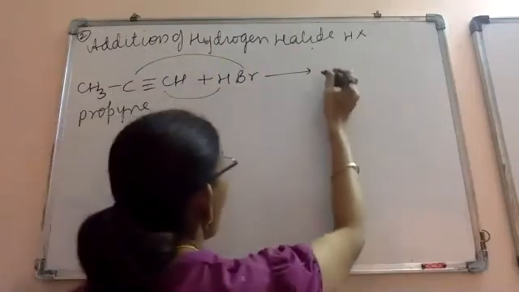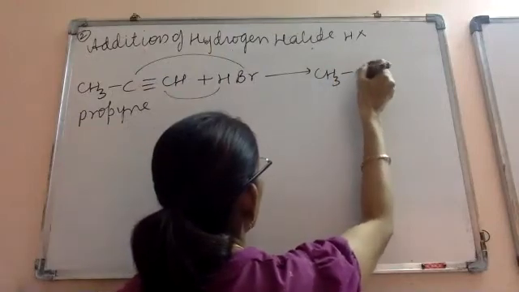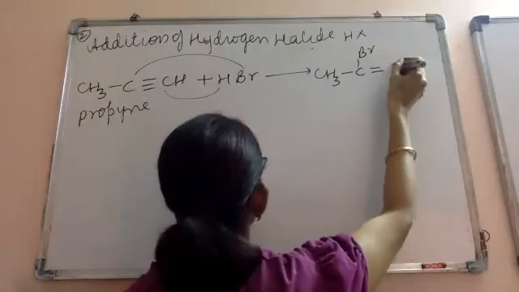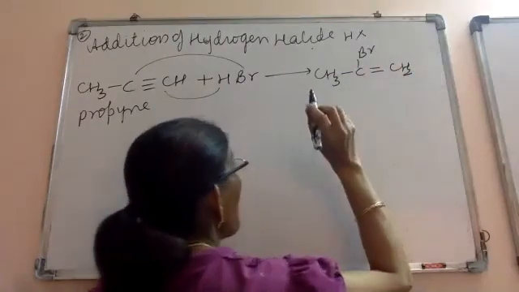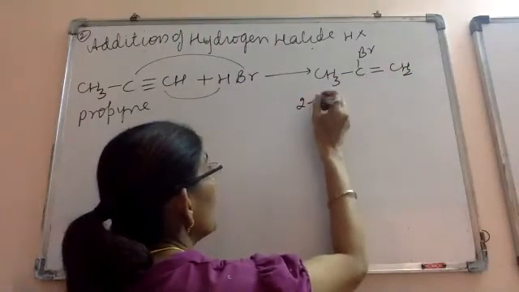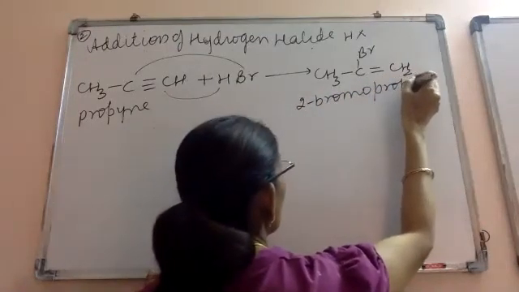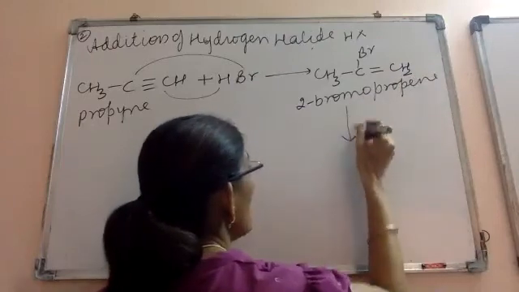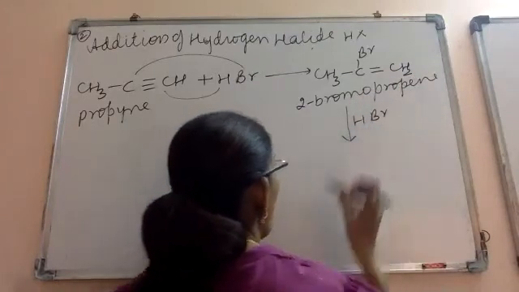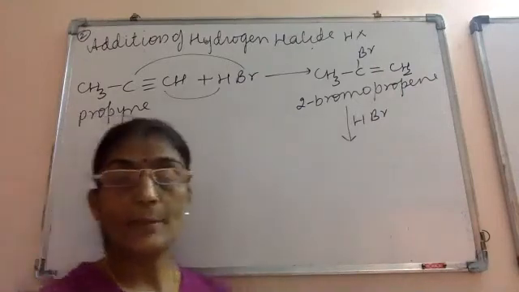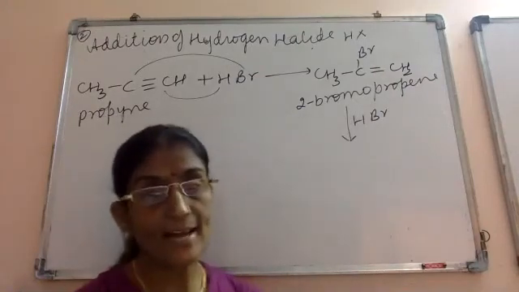Hydrogen goes to the other carbon. What will be formed? CH3, Br, double bond, CH2: 2-bromopropene. One more time HBr is added. As I told you, the second Br will move to the carbon to which one halogen is already attached.